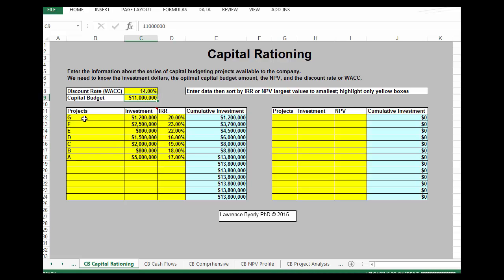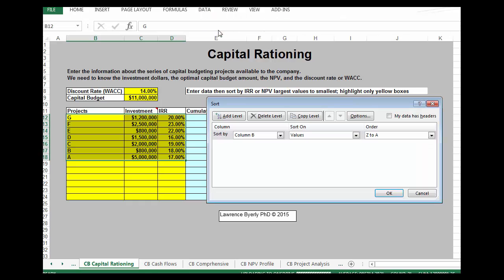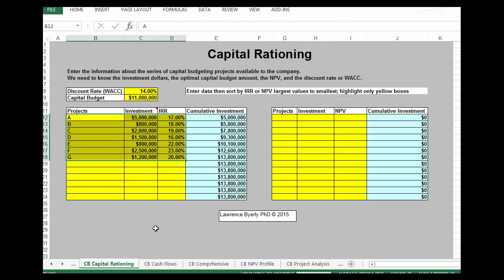Now what we have, and I need to resort these so I get my story straight here. I sorted them in the incorrect way. We have 7 projects. Here is the investment for each project. Here is the internal rate of return for each project.